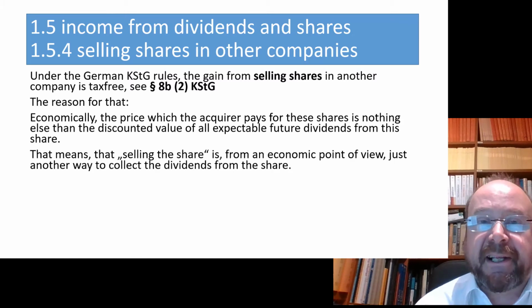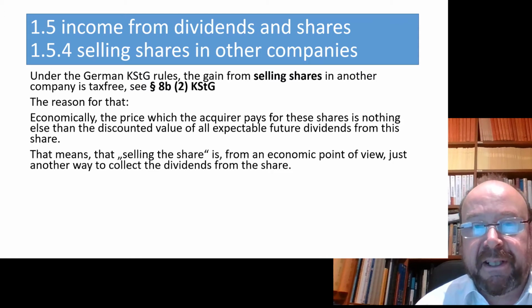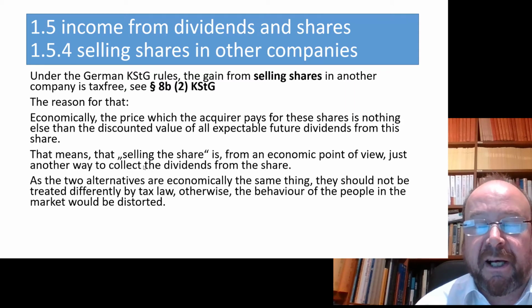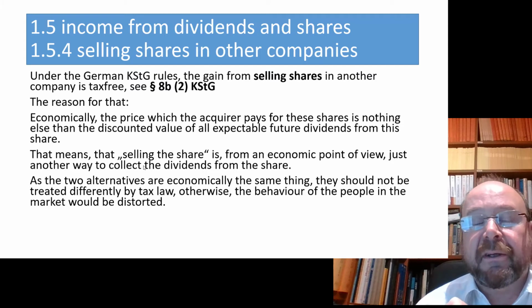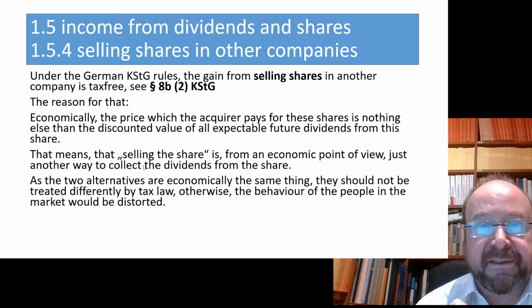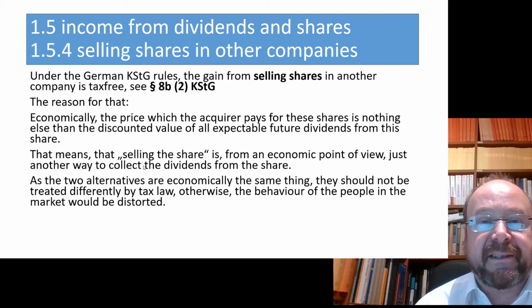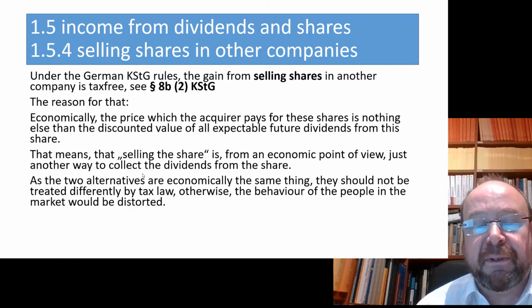So, selling the share is nothing else than a different way of collecting all the future dividends. And now, if collecting the dividends in the usual way, waiting and taking them year after year, is tax-free, an alternative way to collect them should also be treated in the same way. Otherwise, you distort the behavior of people in the markets.